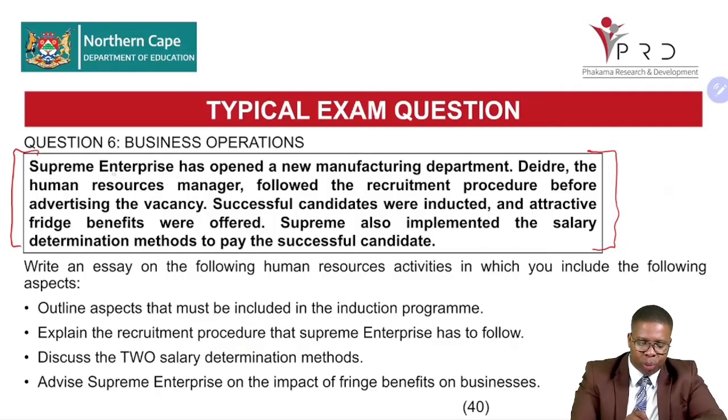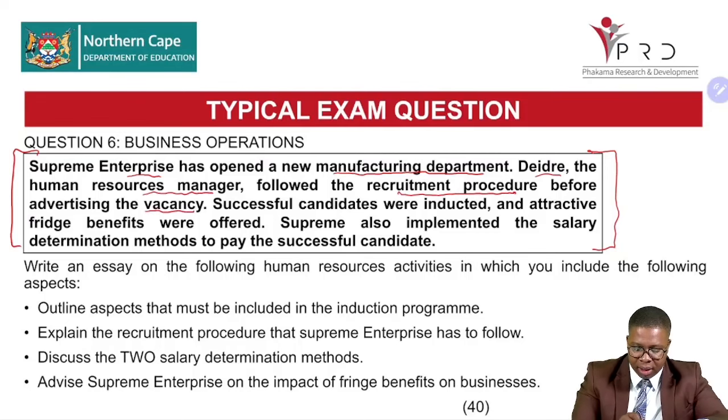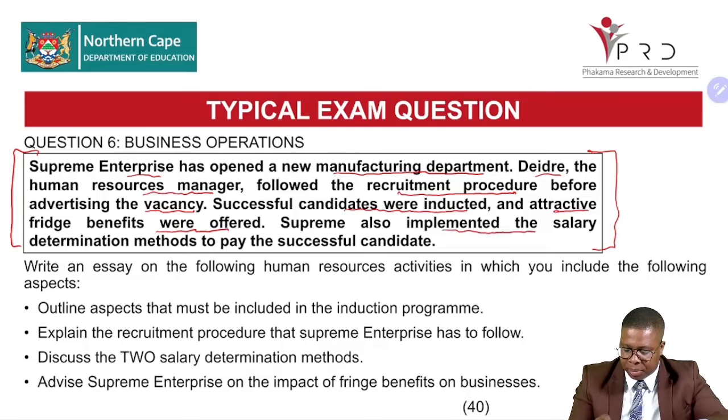So we have: Supreme Enterprise has opened a new manufacturing department. Deirdre, the human resource manager, followed the recruitment procedure before advertising the vacancy. Successful candidates were inducted and attractive fringe benefits were offered. Supreme also implemented salary determination methods to pay successful candidates.